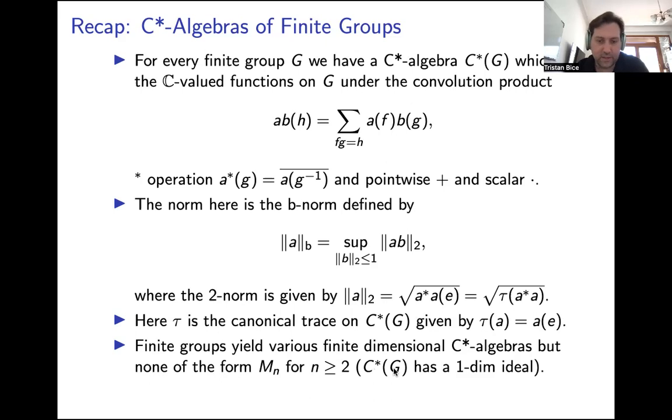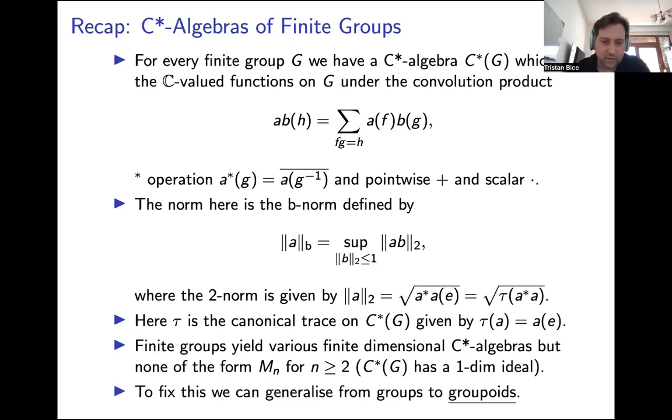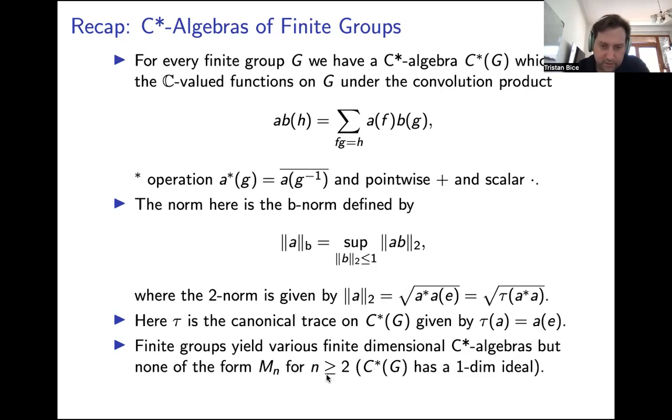So when you're writing your group C star algebra in this sort of normal form that Wedderburn looked at in the early 20th century, there's always going to be one summand which is just C, complex numbers. Whereas Mn, on the other hand, does not have such a one-dimensional ideal. Mn is a simple C-star algebra, so it's never going to be of this form.